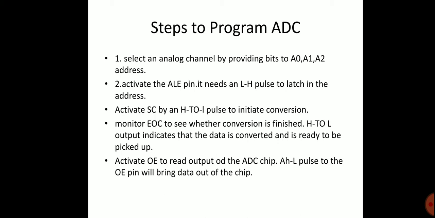Monitor EOC to see whether the conversion is finished; the high to low output indicates that the data is converted and ready to be picked up. Activate the OE pin to read out the data from the ADC chip. The low to high pulse to the OE pin will bring the data out of the chip. These are the steps for ADC interfacing.